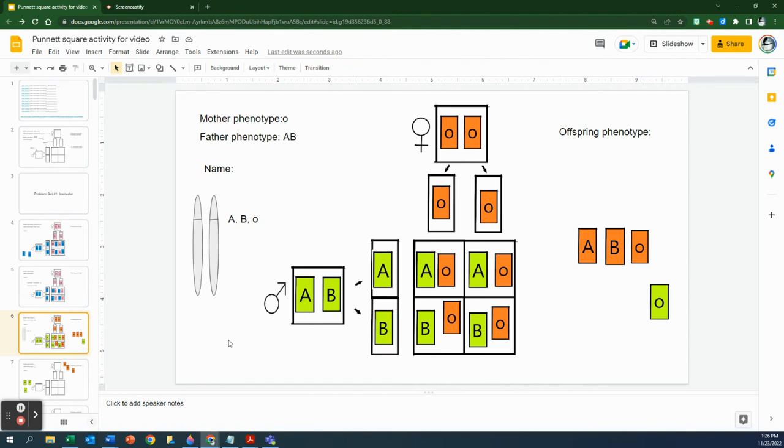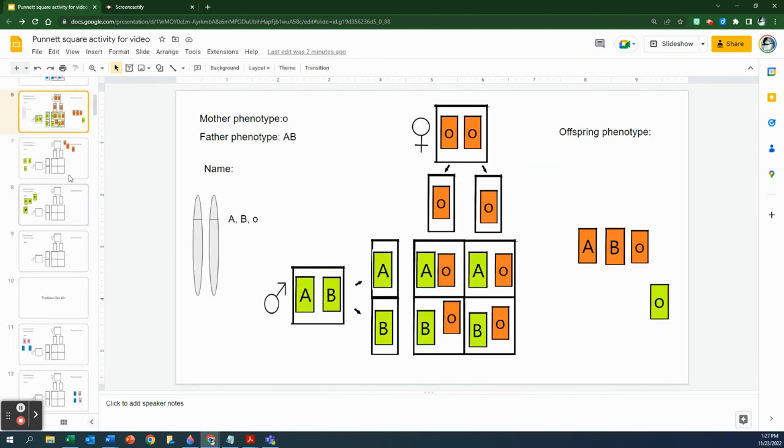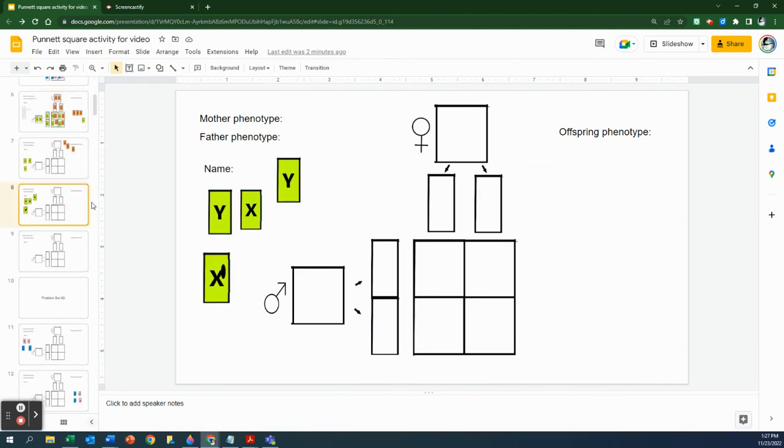You end up with a diploid cell, meiosis happens, makes two haploids, and then those haploids are independently assorted with the other haploids that the other parent made. There's one more special case I want to go through with you guys, which is sex-linked inheritance.